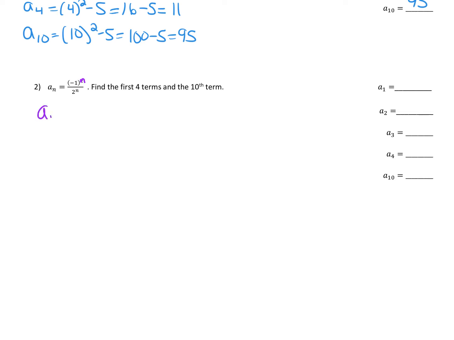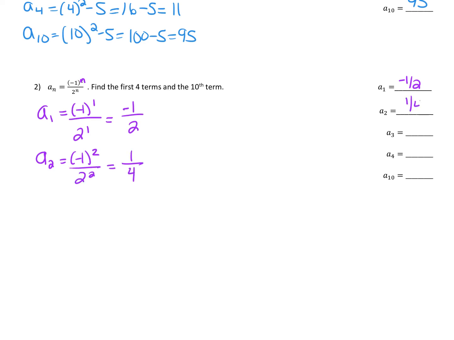If I want to find a1, that means I need to plug in 1 everywhere I see an n. So I'm going to have negative 1 to the 1, which is negative 1, over 2 to the 1, which is 2, so negative 1/2. Then I do the same thing, plugging in 2 everywhere I see an n, and I get positive 1/4. I plug in 3 and get negative 1/8.